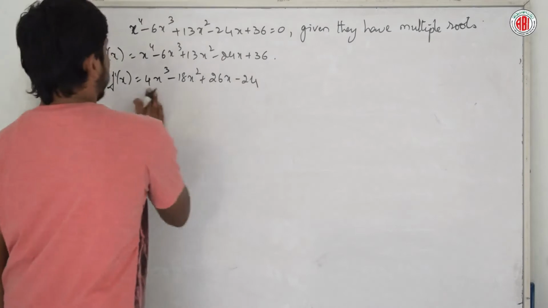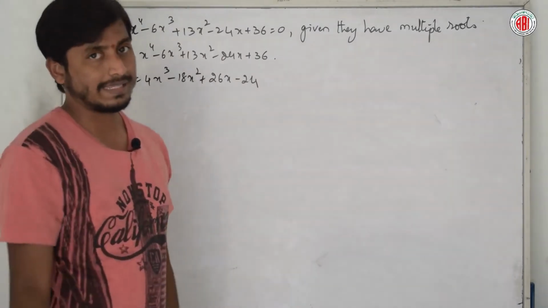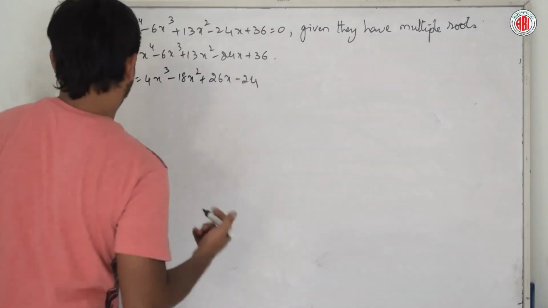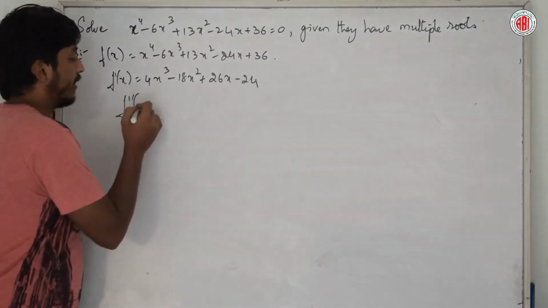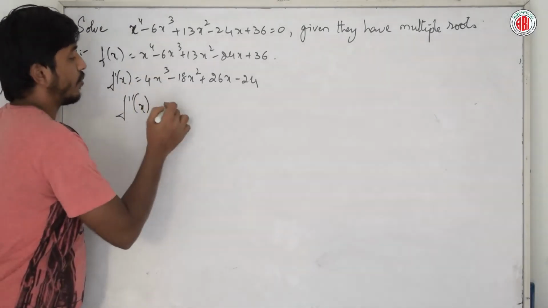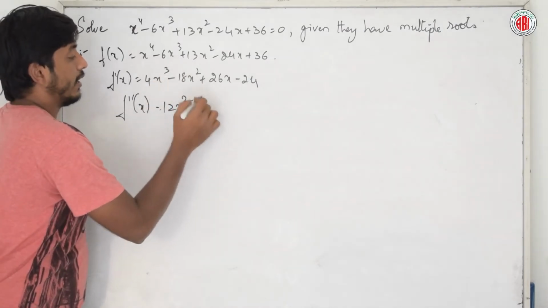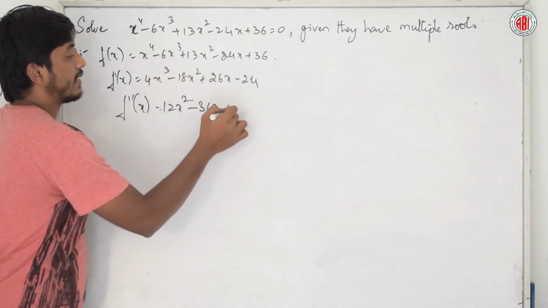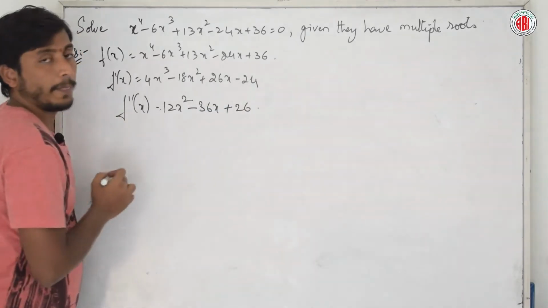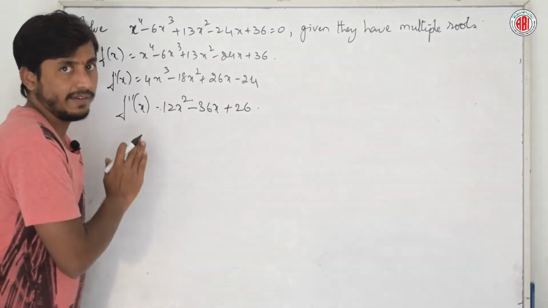If you can solve this, you can, or else double differentiate it. I'll tell you. Double differentiate it, you will get 4 threes are 12x square, minus 18 twos are 36x, plus 26. Okay, this is f double dash x.